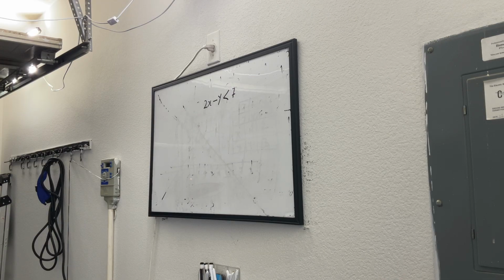You pick this point here, let's say 8, 10. 2 times 8 is 16, minus 10, 6 is less than 7. So it's the bottom. Yeah, it's the bottom. So basically, see, it makes sense.